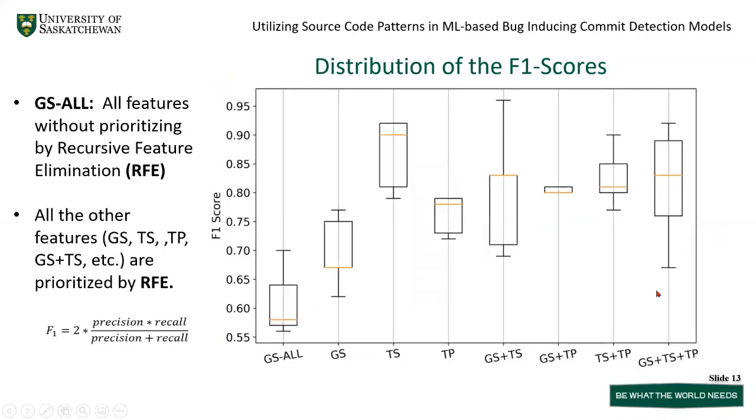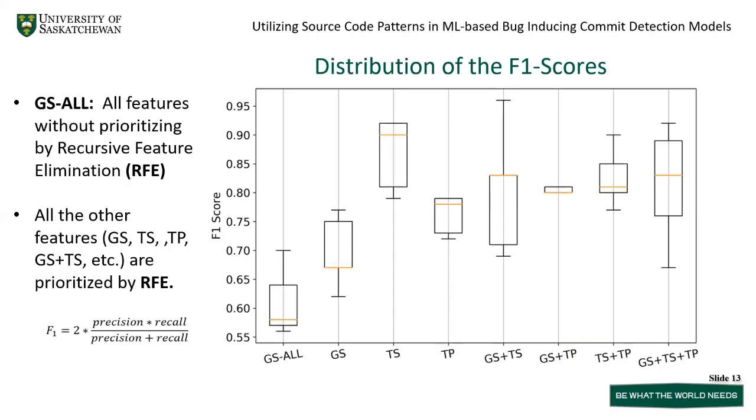Here is the overview of our obtained results. These results are represented by using the F1 score. We calculated both precision and recall, and from precision and recall, we get the F1 score. To provide the overall view of our obtained results, we are giving this diagram here.